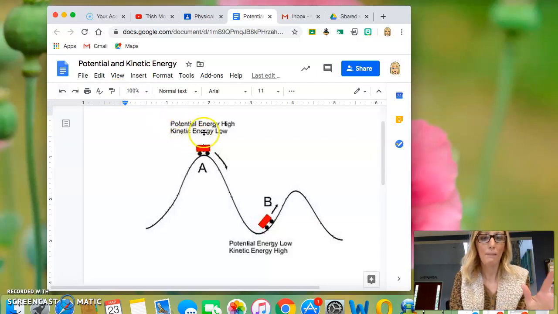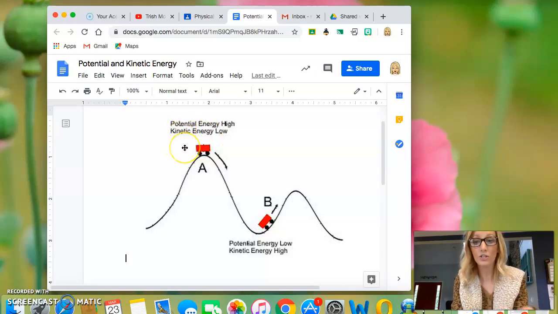First of all, potential energy is stored energy. It's energy that's not necessarily moving. Kinetic energy is our energy that is moving. If you look at this image right here, we see that our potential energy is high and our kinetic energy is low.